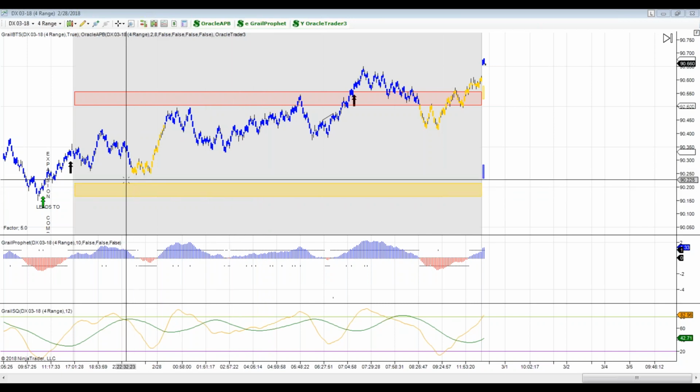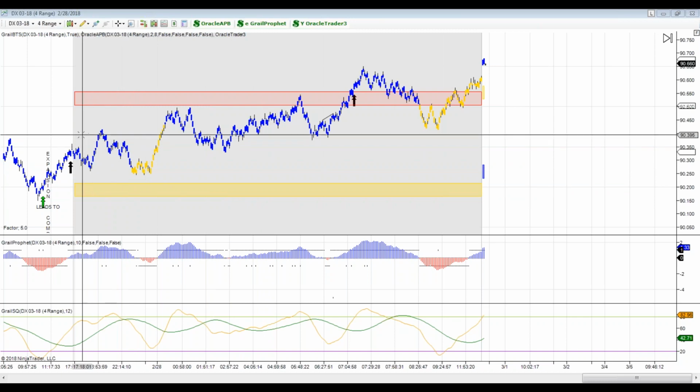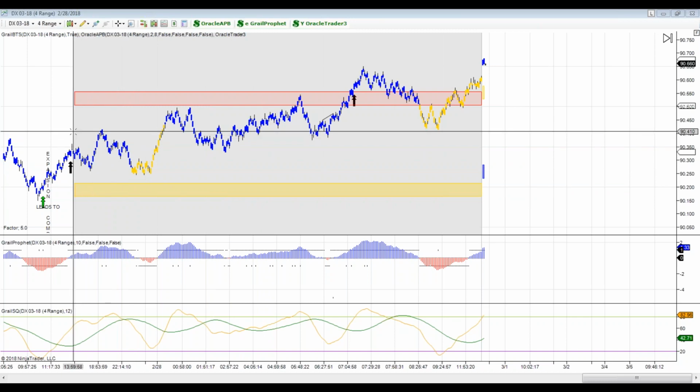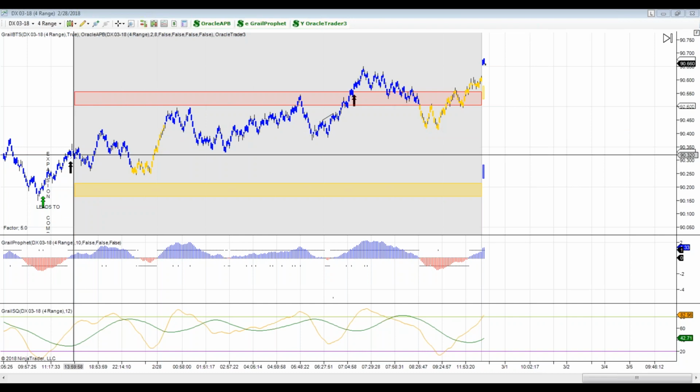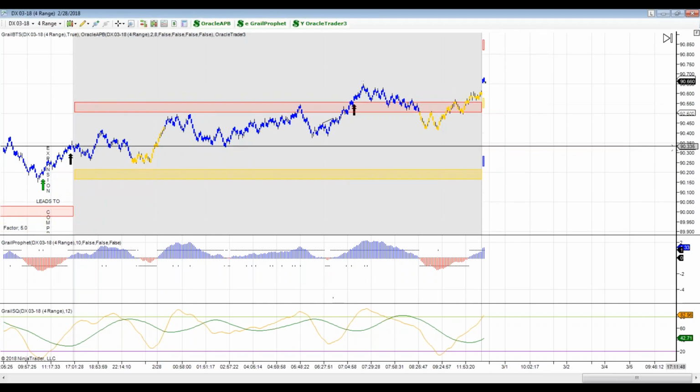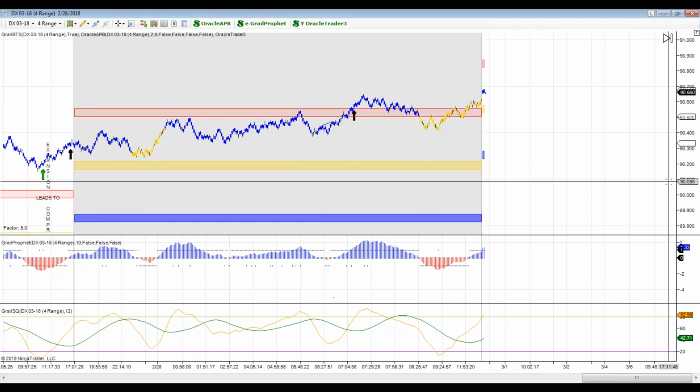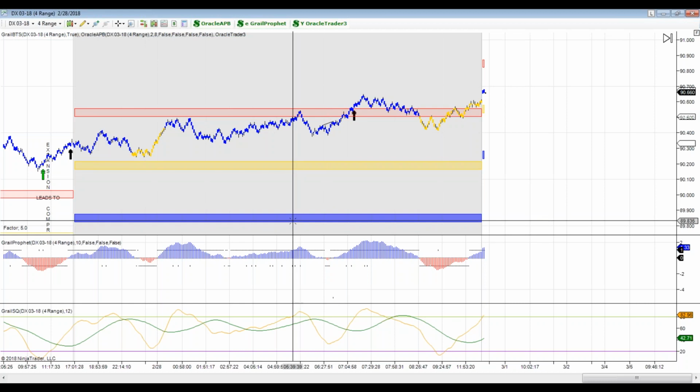And again, just like the euro, the Oracle Trader was warning that today's movement in all probability is going to be a compressed type day, not a big range. You can see early on it basically looked to take a long trade here off the open.